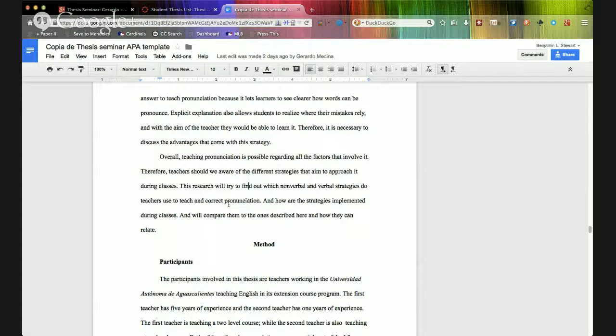All right, so what data sources? Let's look at the first section. Which strategies that the teachers used? Which data sources are you planning on using that you could use to talk about this one topic? A data source meaning interview, observation, questionnaire.